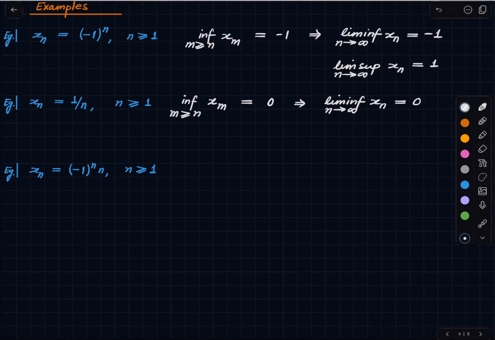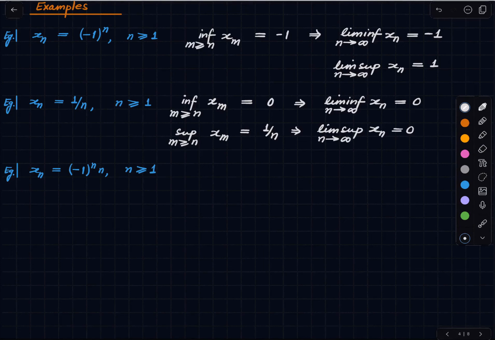What about the sequence? This is 1 by n, because it is a monotonically decreasing sequence, which implies limsup is 0.